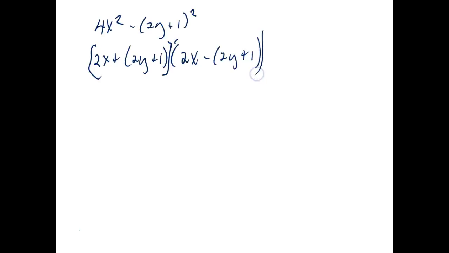Very good, okay? Notice how I've got parentheses and brackets. It doesn't really matter. This is square root of the first plus the square root of the second times the square root of the first minus the square root of the second. Very good. Now, this first set of extra parentheses, because it's got a plus in front of it, you can just lose those.